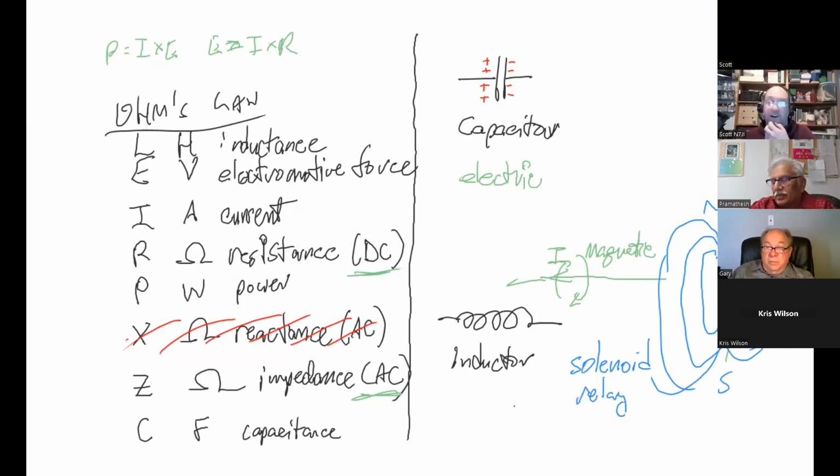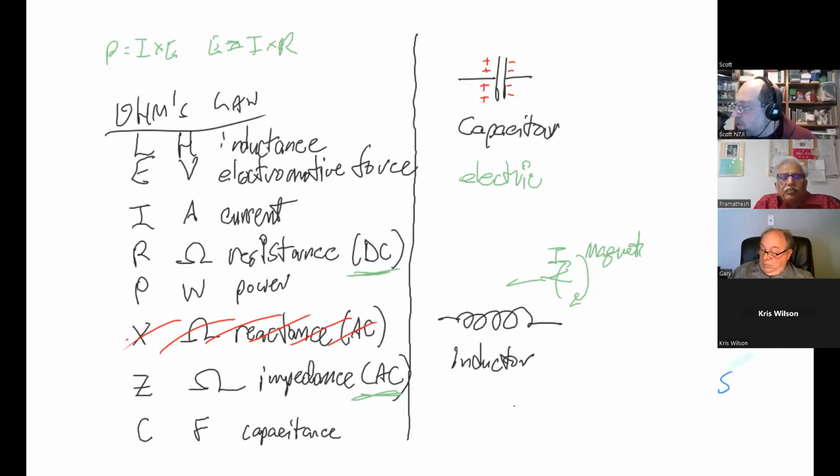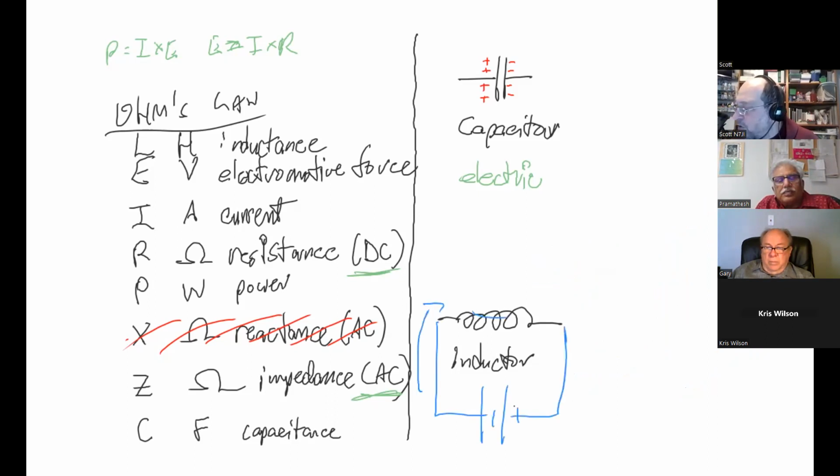So very, very useful. But now here's the next question. If we disconnect this power supply, which I'm going to draw, let's say we have a DC power supply, which is generating a current flowing through here, which is generating a magnetic field.